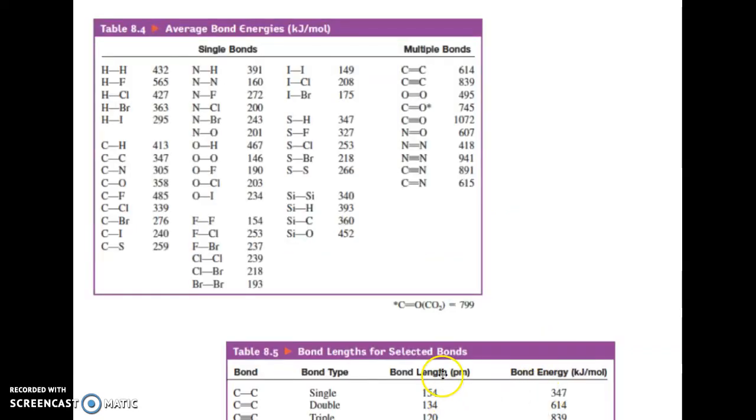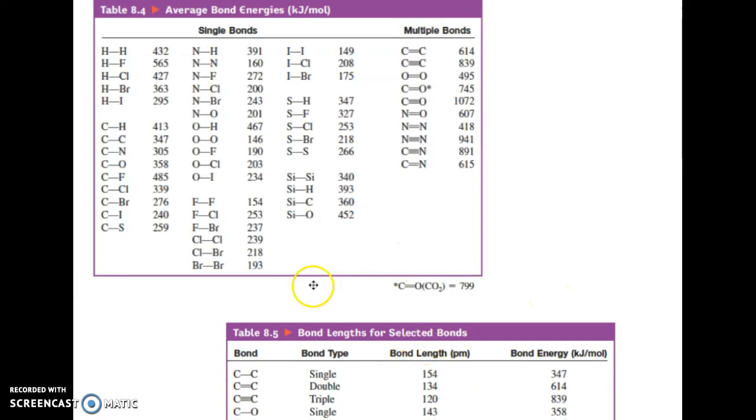In your textbook, you will notice that you have two tables, table 8.4 and table 8.5. These tables list average bond energies, and notice they're in kilojoules per mole. Table 8.4 is mostly single bonds, though there are some multiple bonded compounds as well, so there's a whole variety.